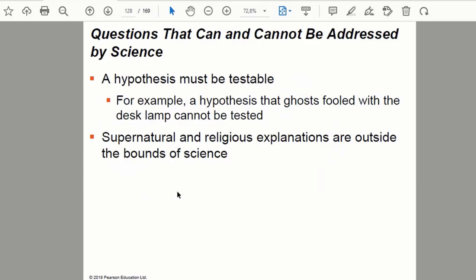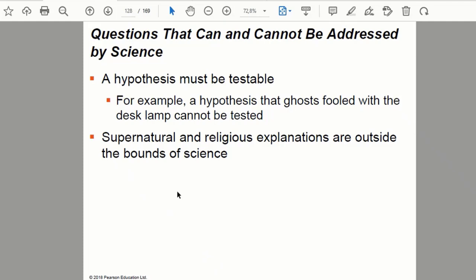So, the question can and cannot be addressed by science. For example, a hypothesis must be testable. We've mentioned that before. A hypothesis that a ghost fooled with the desk lamp cannot be tested.